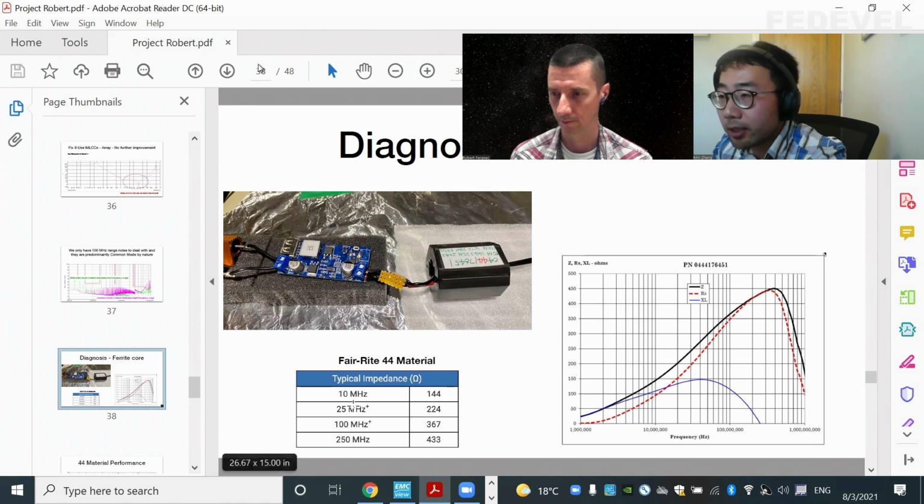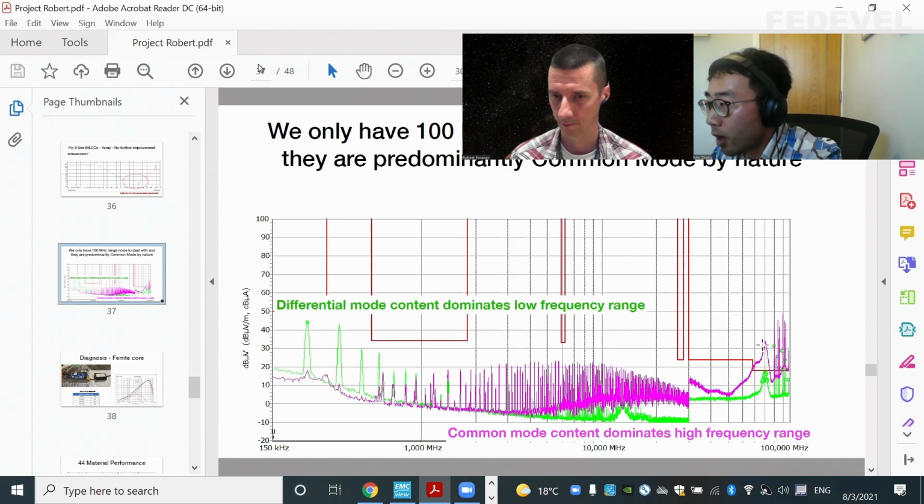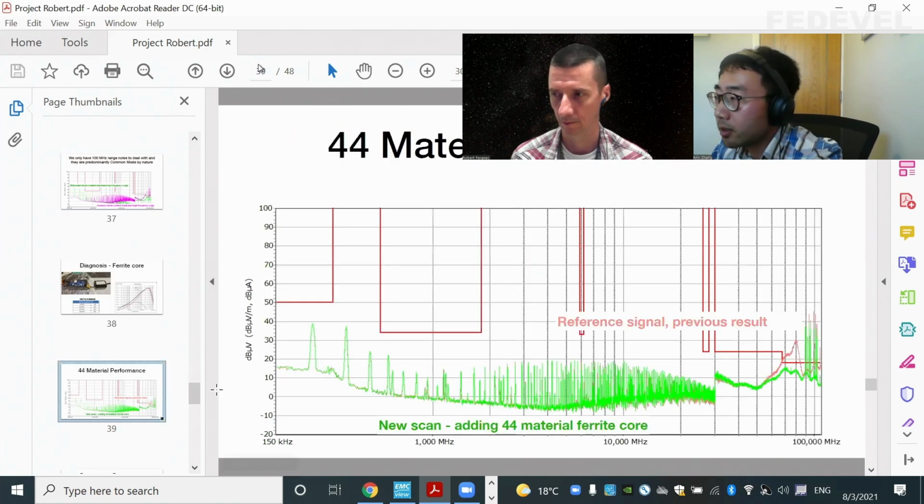If we look at the impedance against frequency curve, we see that it is quite effective around the 100 megahertz range. So if I put this ferrite core in here, I expect the noise around this region to drop. So this is the performance.